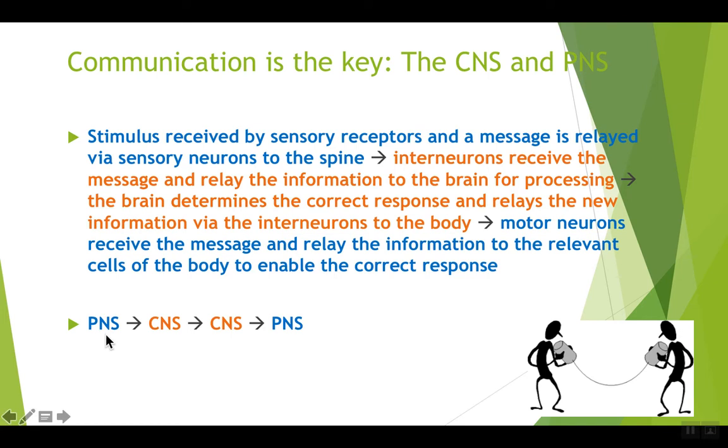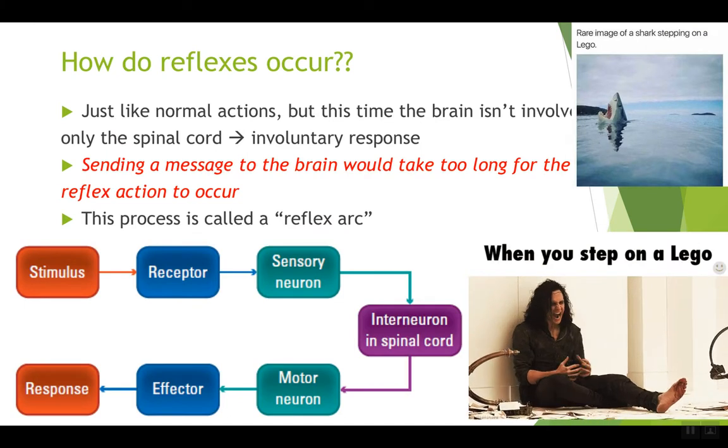So we start in the peripheral nervous system, stimulus is received, then we go into the central nervous system. So the interneurons pass a message along, and in many things your brain thinks about it and decides on the appropriate response. Motor neurons then receive the message, relay the information, and then we have a response.